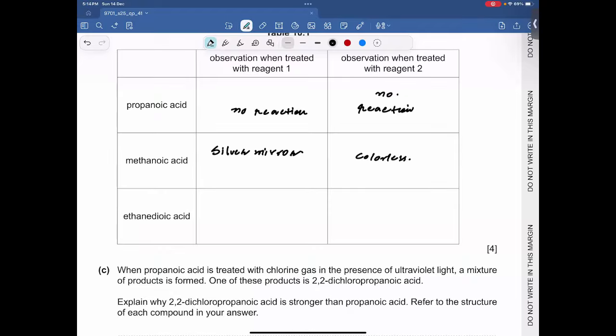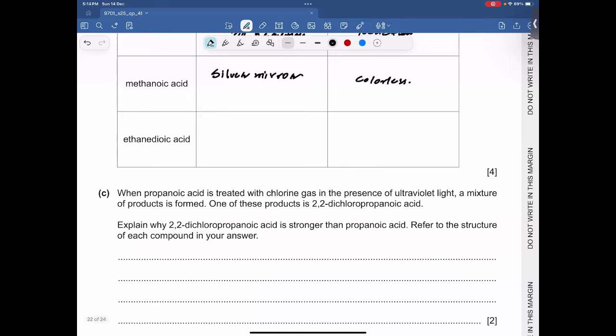So technically, KMnO4 oxidizes methanoic acid into carbon dioxide. That's what we have done in the class, right? Remember that. We need to balance equations.